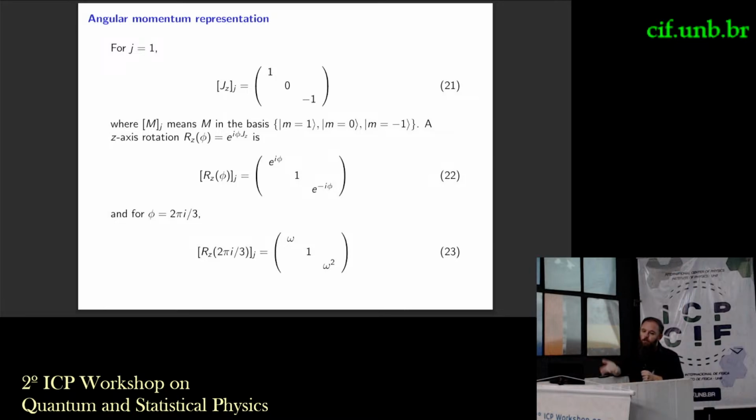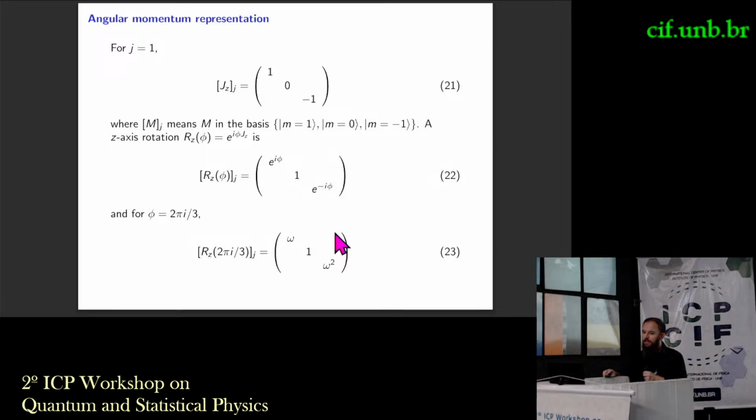So a z rotation in this picture is just the exponentiation of this Jz, and it is a diagonal operator, so it's very simple. If you put this special angle here, 2 pi over 3, you get this gate, which is almost the Z gate, yes?